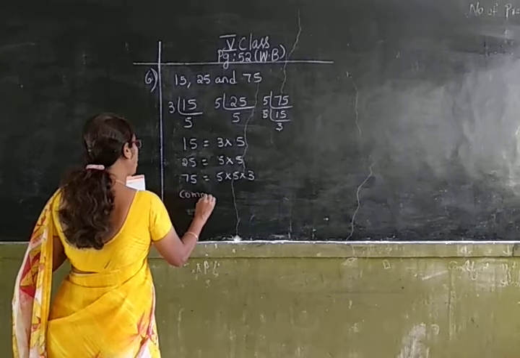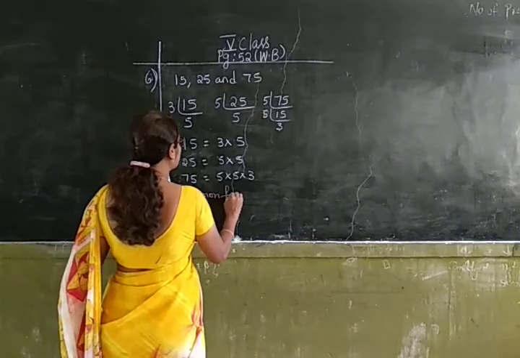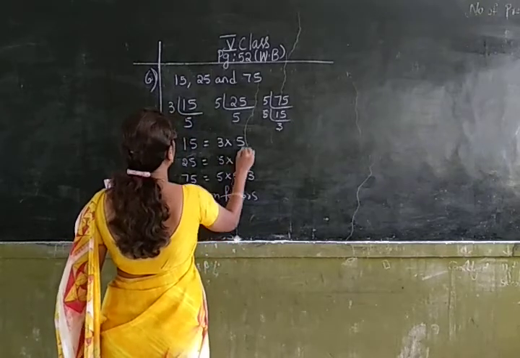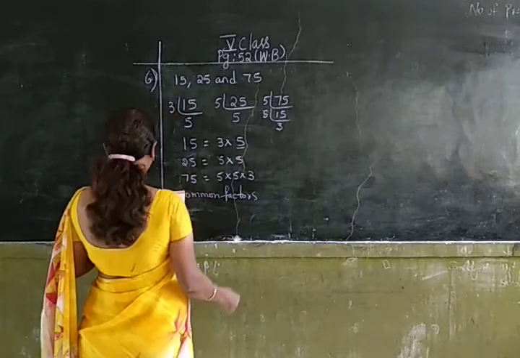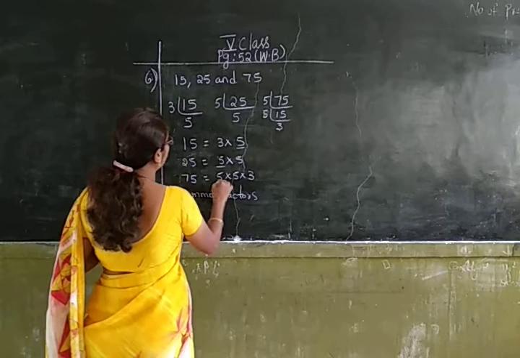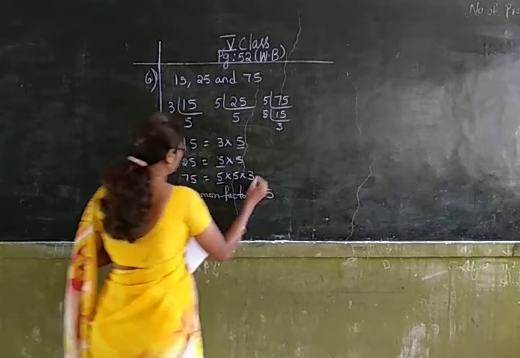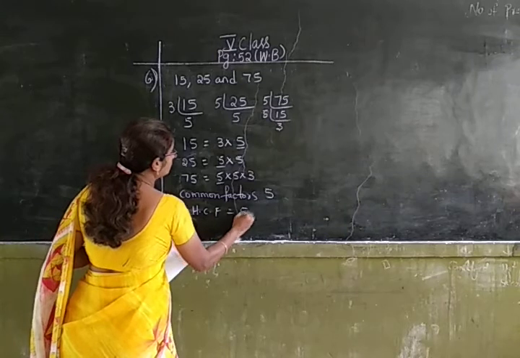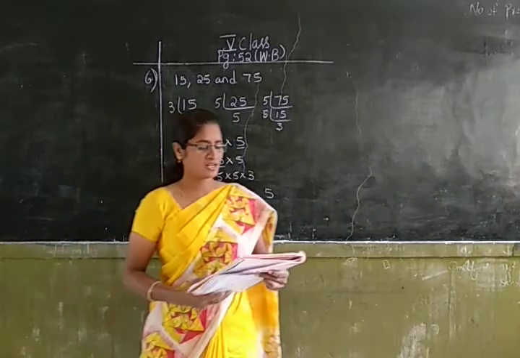Here the common factor is only 5. So HCF is also equal to 5. Okay children.